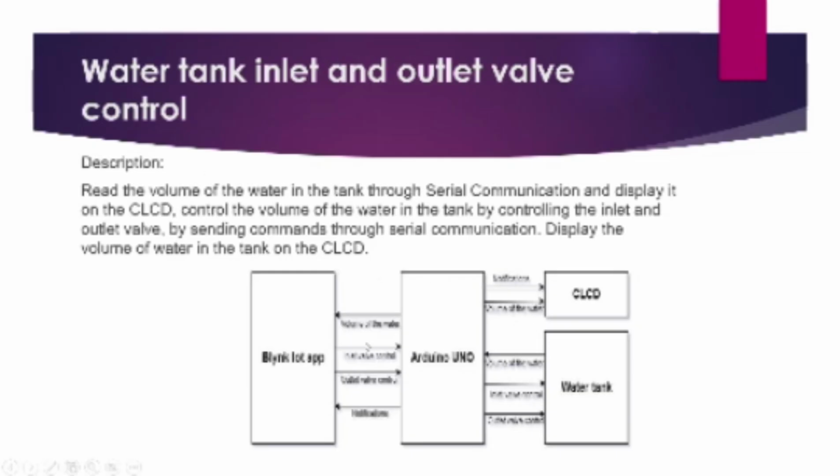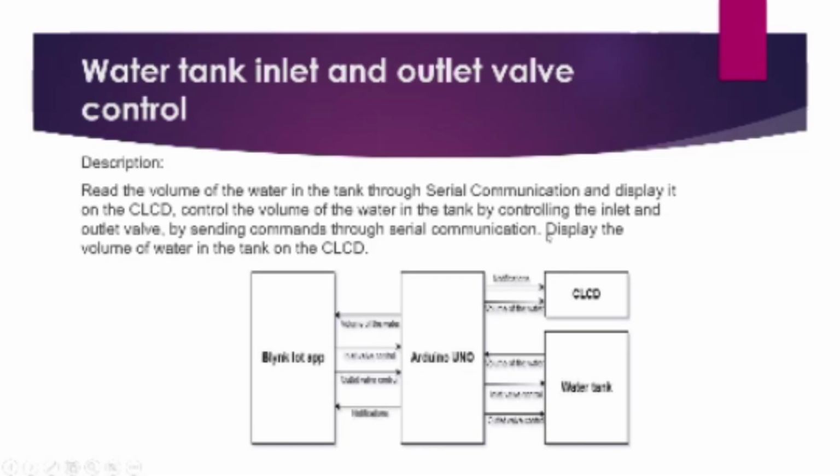This is the block diagram of the water tank system. We have Blynk IoT, Arduino Uno, water tank and CLCD. As soon as the Arduino reads the volume of water from the water tank, it displays the same volume in the Blynk IoT app and also on the CLCD.